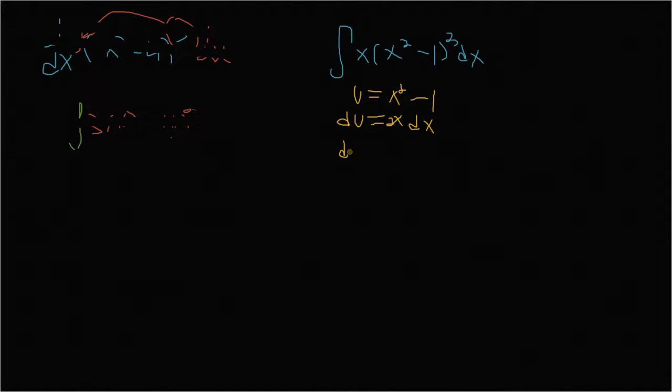So du over 2 is equal to x dx. So now if we replaced stuff with u, we said that this is u, so this would be u cubed, and the du over 2 takes care of this and this takes care of these things.